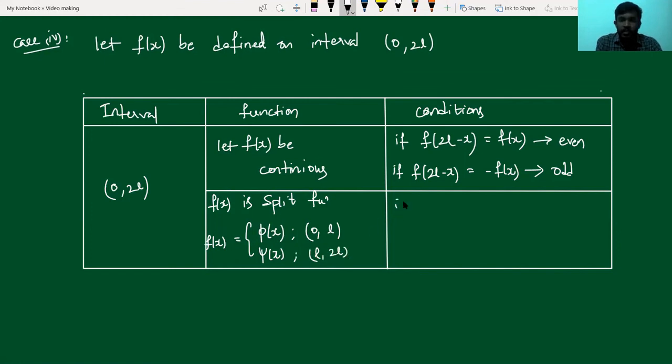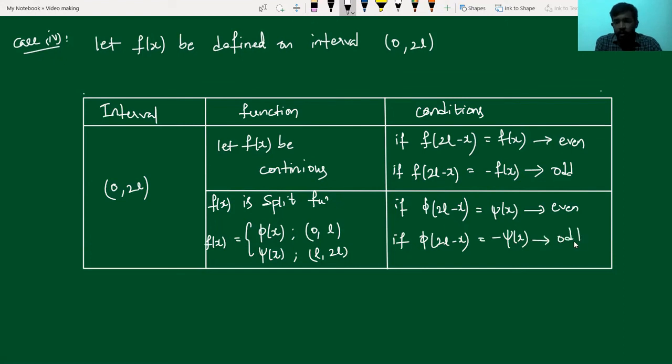If this is the case, the conditions to test the odd and even nature are: if phi of 2L minus x is equal to psi of x, then the function will become even. In the same way, if phi of 2L minus x is equal to minus of psi of x, then the function will become odd.